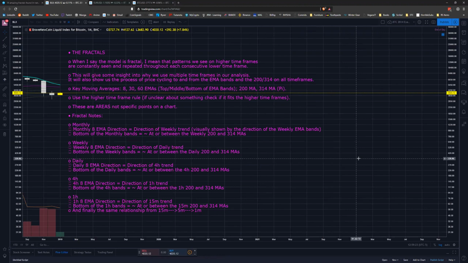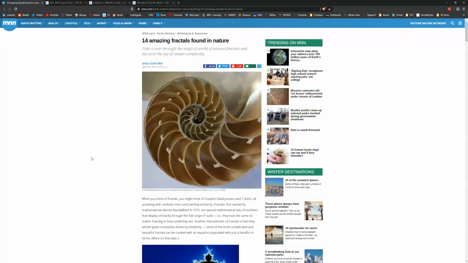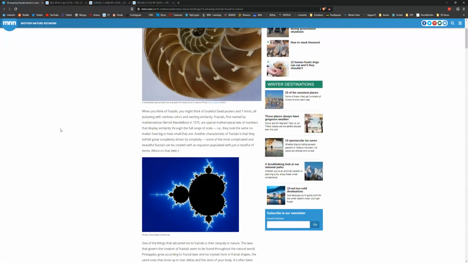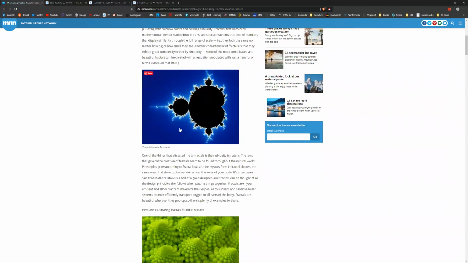So when I say the model is fractal, what I mean is that patterns we see on higher time frames are constantly seen and repeated throughout each consecutive lower time frame. I don't know if you guys have seen any pictures of fractal images before, but here's a great example.